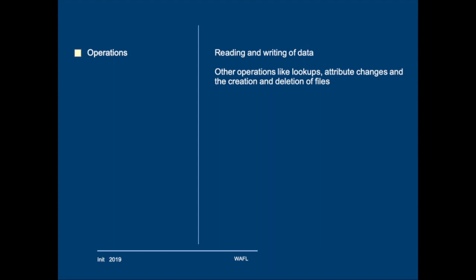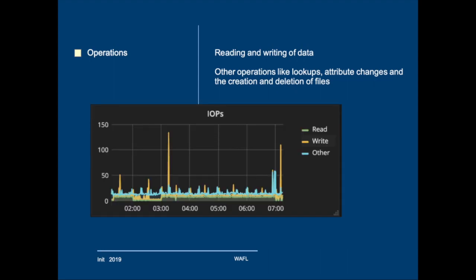First, there's operations. With storage systems, operations can be of two different sorts: reading and writing of data, and other operations like lookups, attribute changes, creation and deletion of files, resetting pointers, and stuff like that. So reading and writing data obviously are different from changing the permissions of a file, or retrieving file handles, or changing pointers.